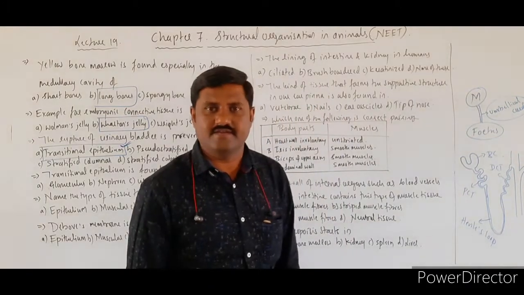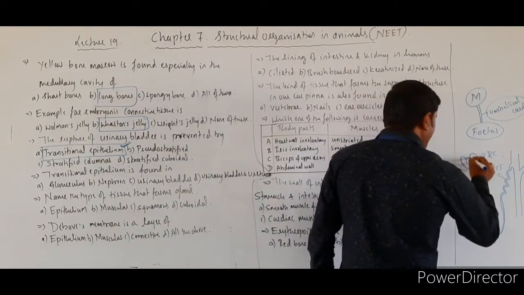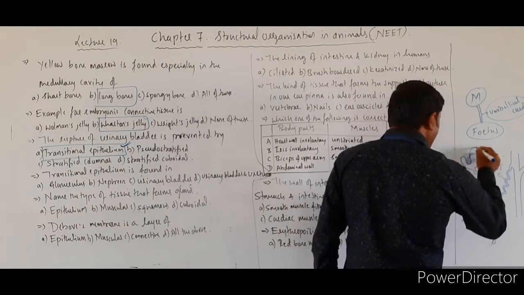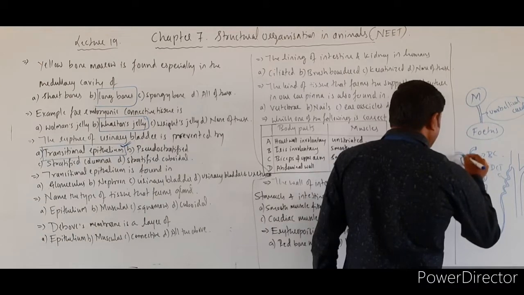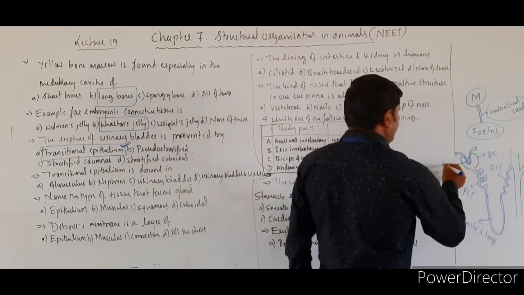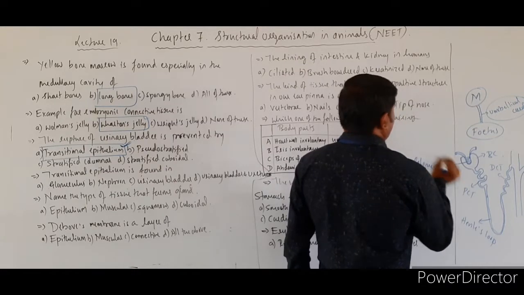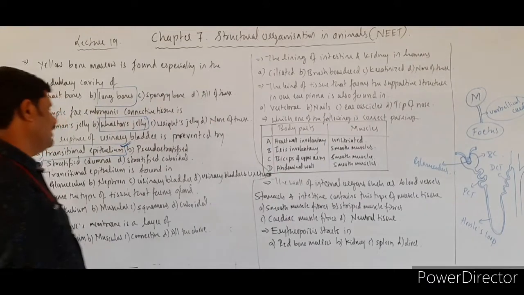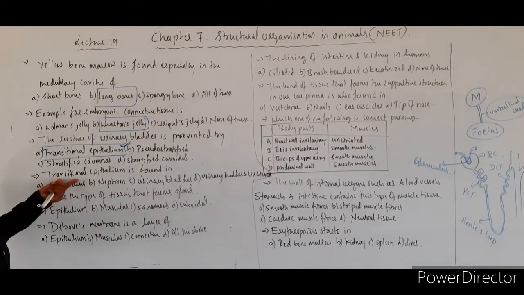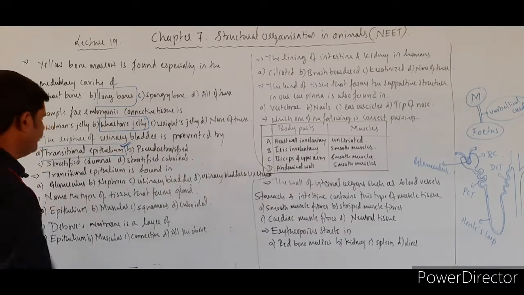Bowman's capsule is there. Then what is glomerulus? See here, here is a knot of blood vessels that occupy this position, and this is said to be the glomerulus, right? So transitional epithelium is not found in the glomerulus.